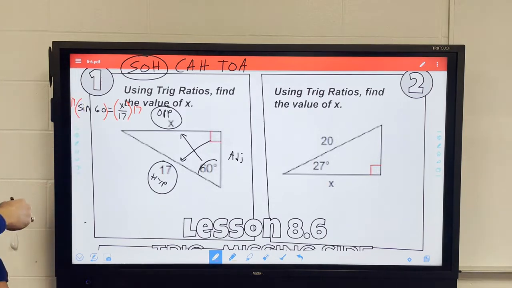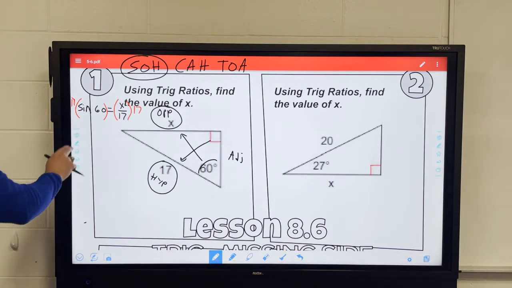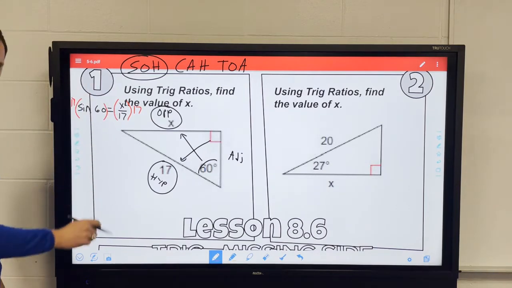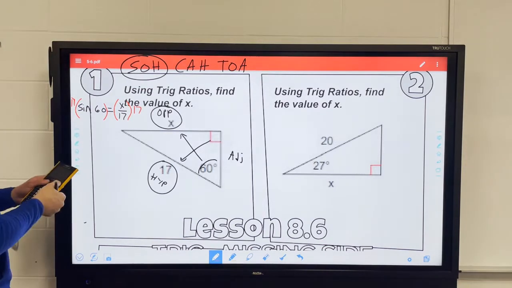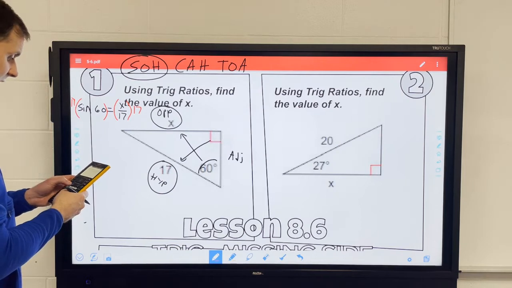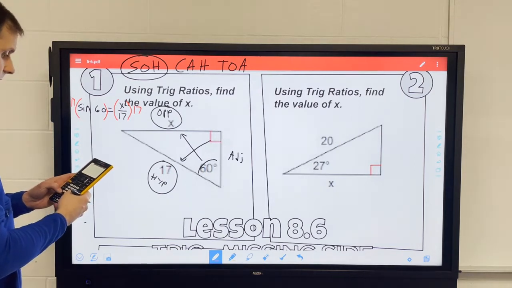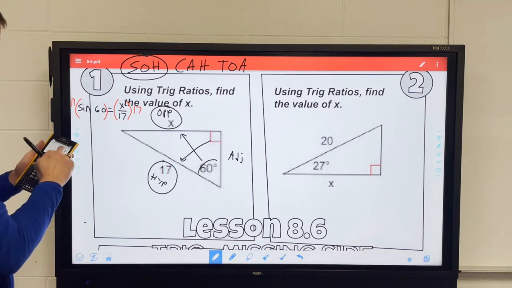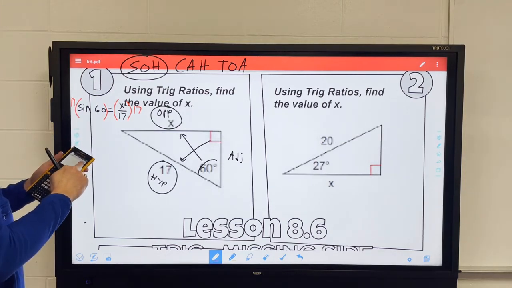So literally inside my calculator, I'm going to do 17 times the sine of 60. I'm going to do this whole thing in my calculator. So right now in my calculator, I'm going to type that in exactly as it shows. So I'm going to do 17 times the sine of 60. And when I click enter, that's going to end up giving me a decimal, which is going to be 14.7224.